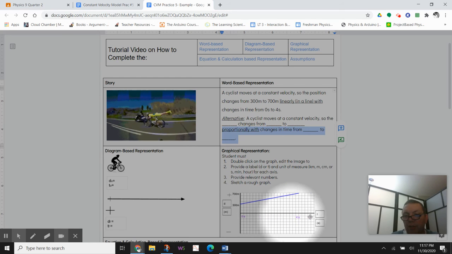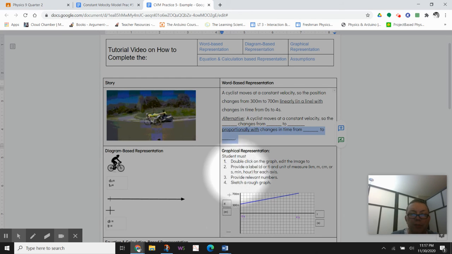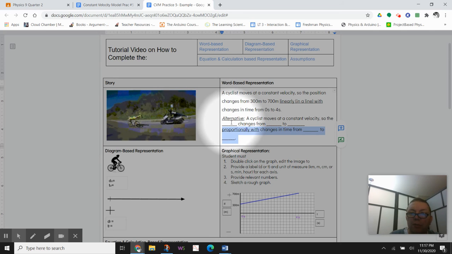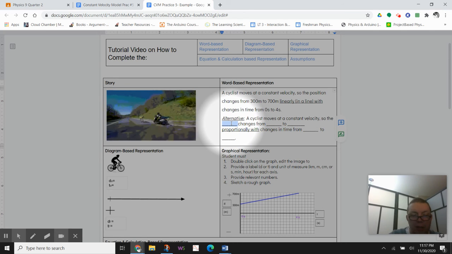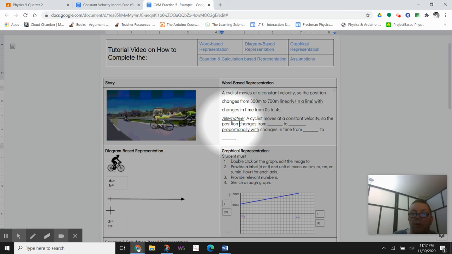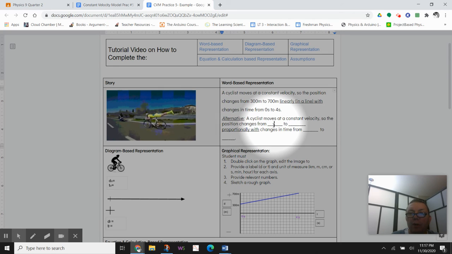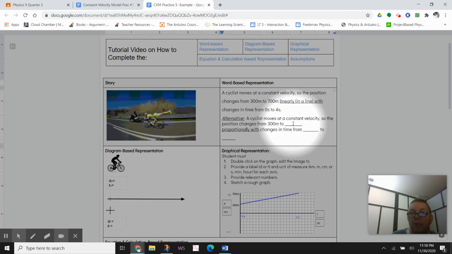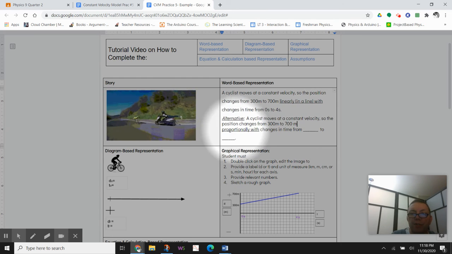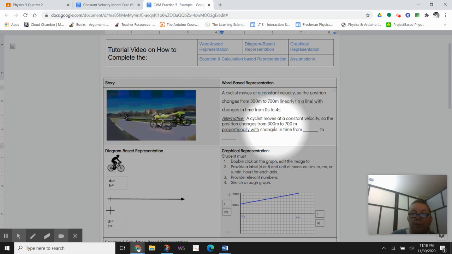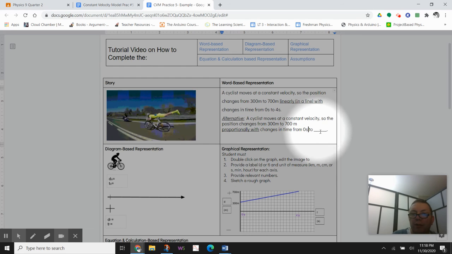This axis is time, and this axis is position with a D. So I'm going to say that its position changes from 300 meters to 700 meters proportionally with changes in time from 0 seconds to 4 seconds.